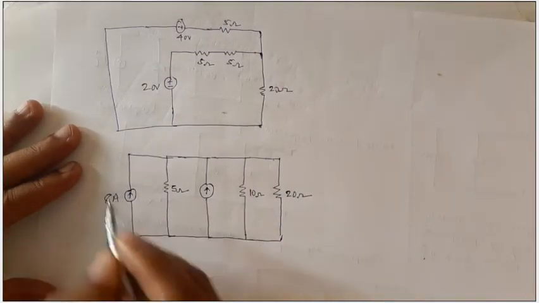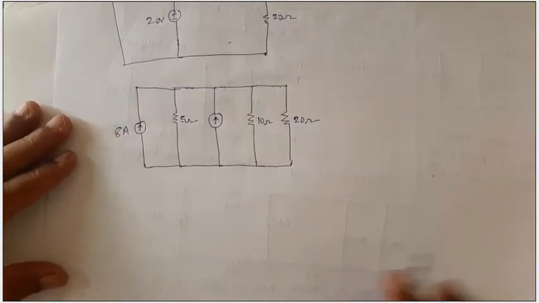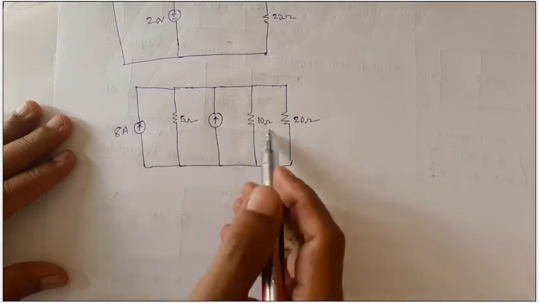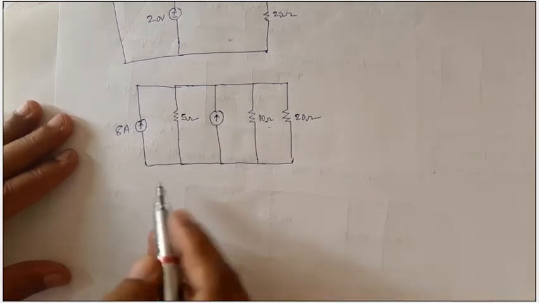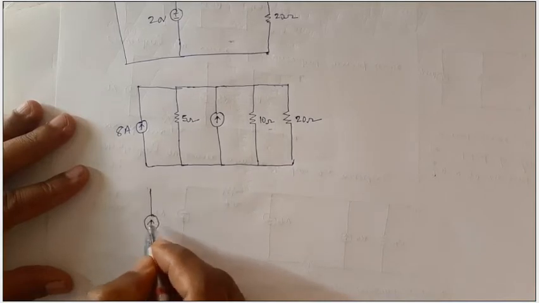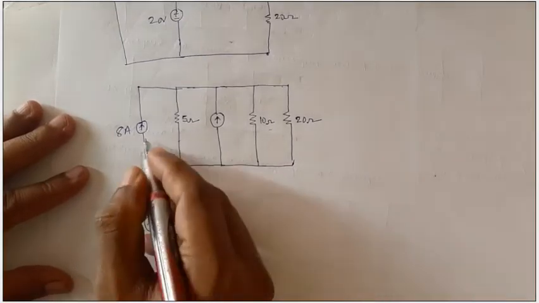Now this is very simple, dear students. These two current sources are in the same direction, so they can be added, and these two resistors we can reduce to a single resistance. The final current source value is now 10 ampere, 8 plus 2 ampere.